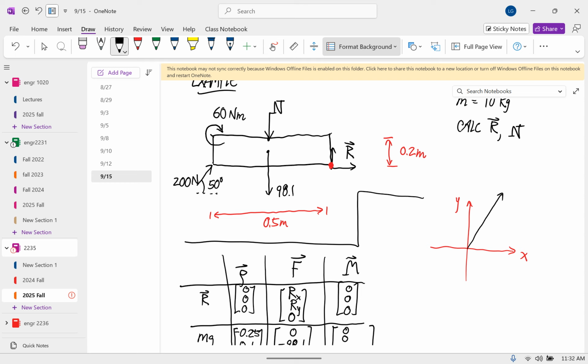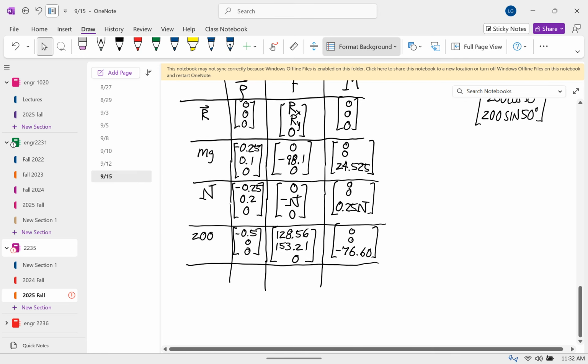It has a magnitude of 200. This angle is 50 degrees. So it's 200 times the cosine of 50 degrees, 200 times the sine of 50 degrees. That's why you put that. Okay?